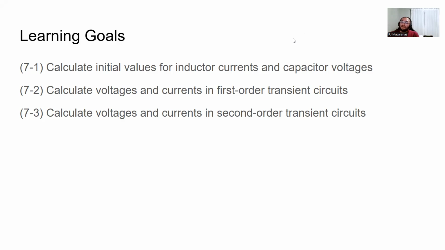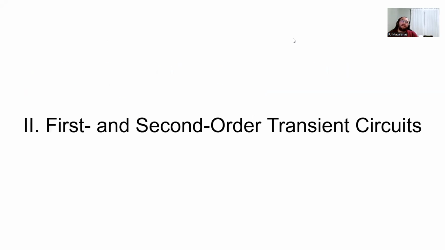I'd say that having to do these first order and second order transient circuits is probably as difficult as circuit analysis gets. Obviously, as you get into more control theory and more advanced specialized topics, things will get more difficult. But as far as circuit theory is concerned, I'd say these are some of the most difficult.